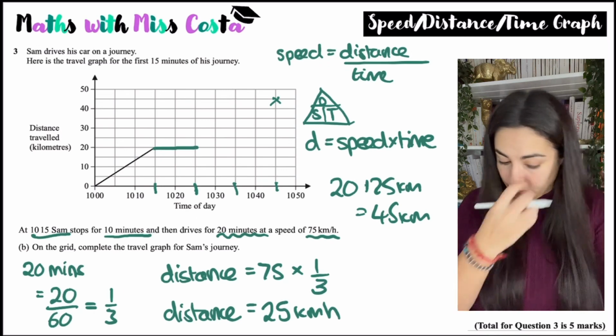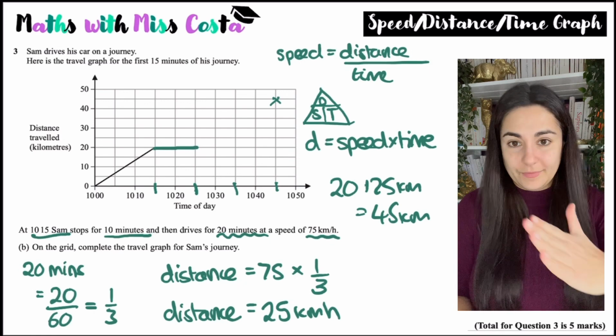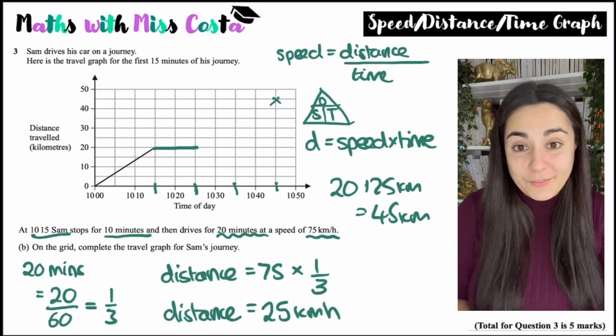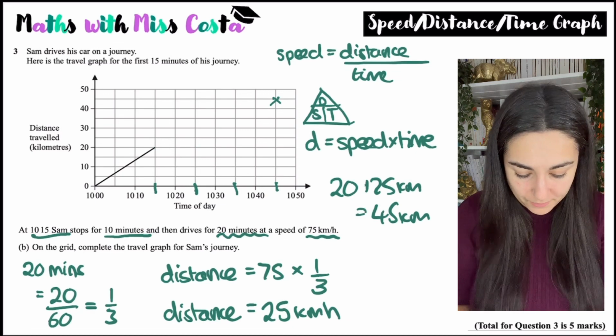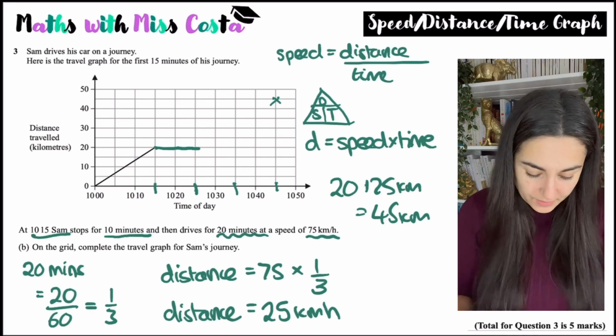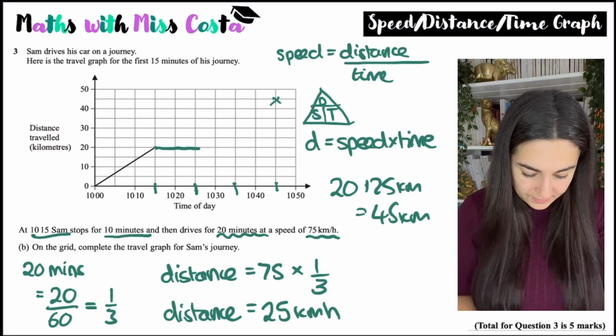I'll just get rid of these two. And you use a ruler to make sure that the line is straight. I don't have a ruler on my iPad, so I'm just going to do the, oh no, it deleted it. I'm just going to do the best that I can. So let's just check, that's from 10:15 to 10:25, right?